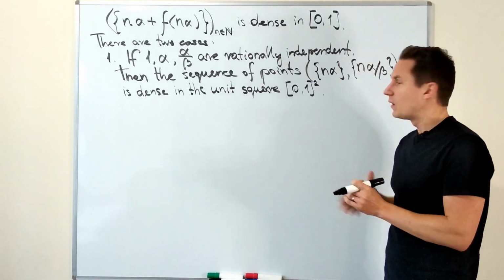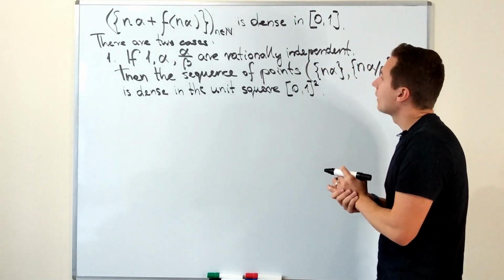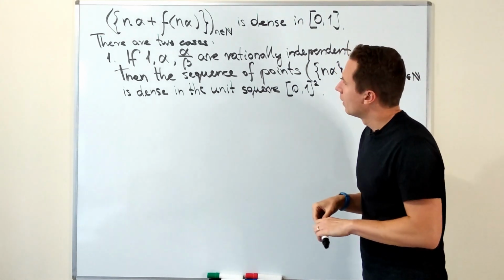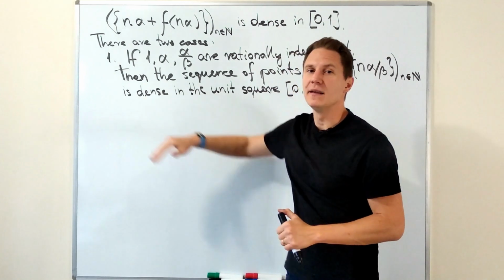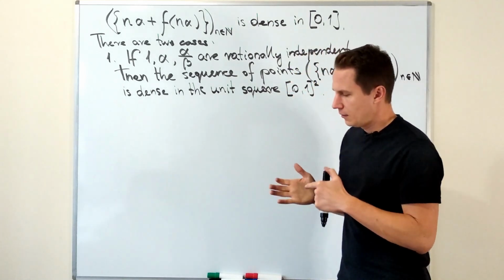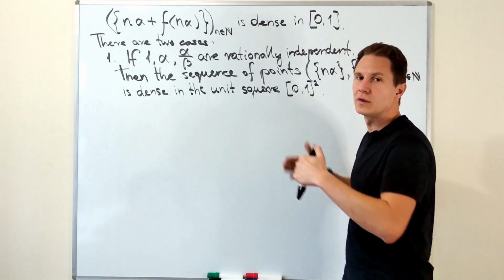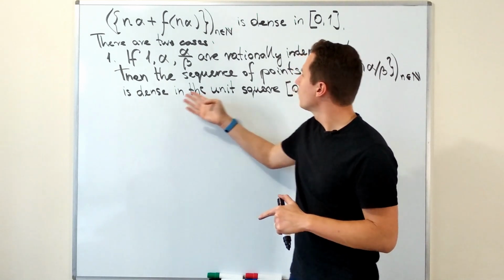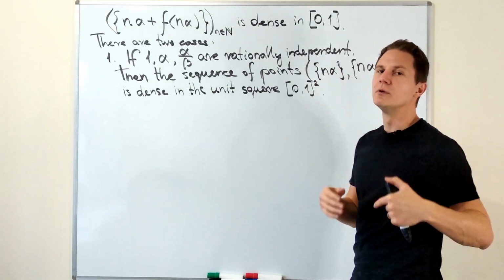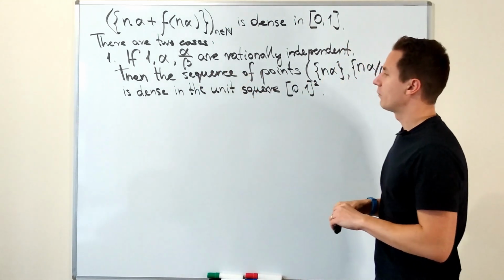I didn't tell you what a dense subset is, but intuitively, dense means that points in this subset get arbitrarily close to points of the larger set, meaning that I can choose a subsequence of this sequence that gets close to any previously fixed point in the set we're looking at.